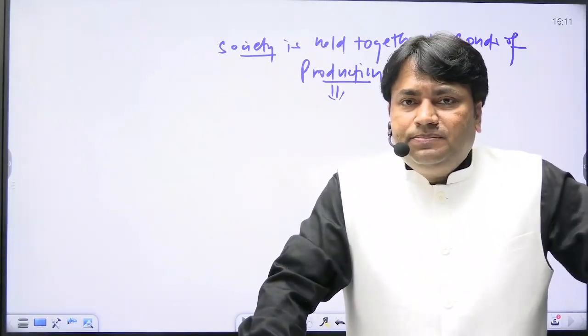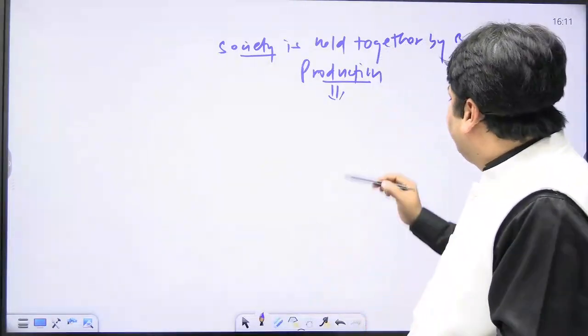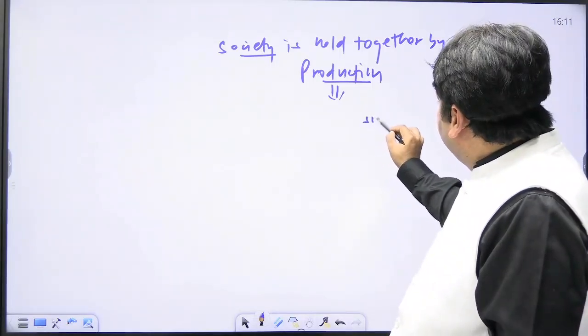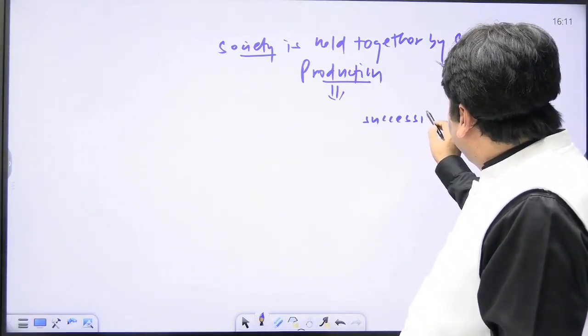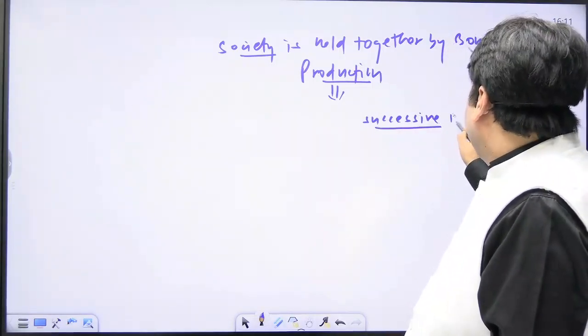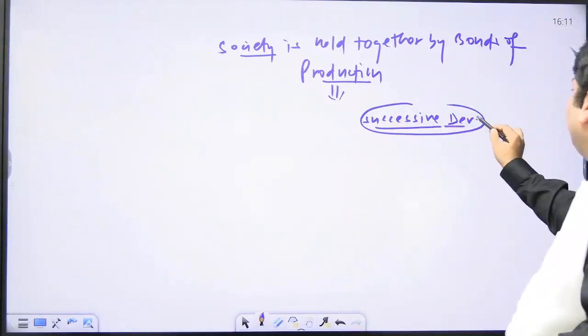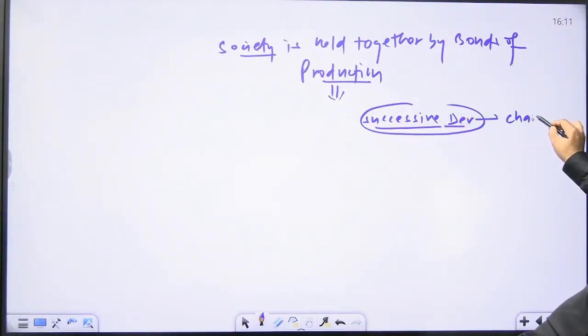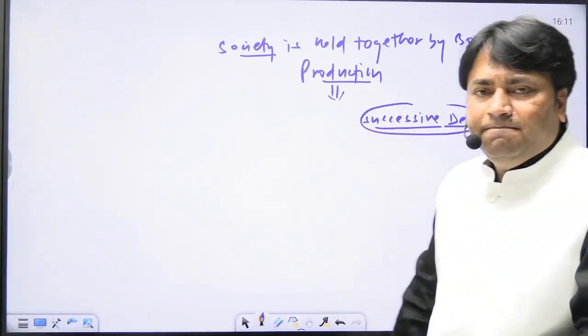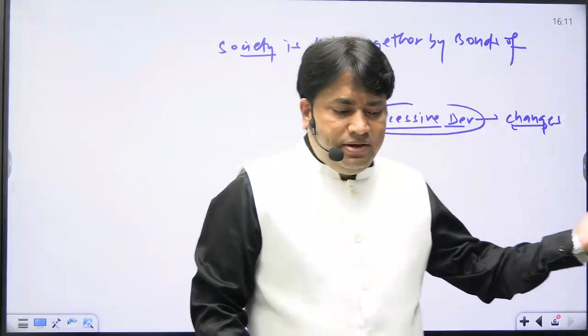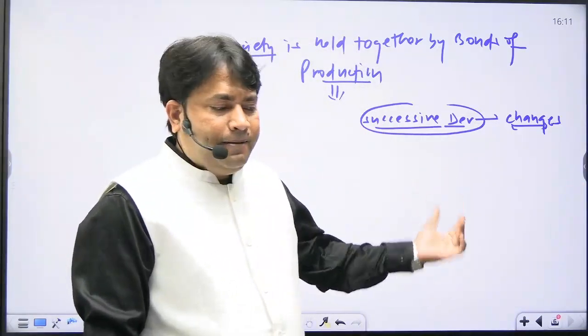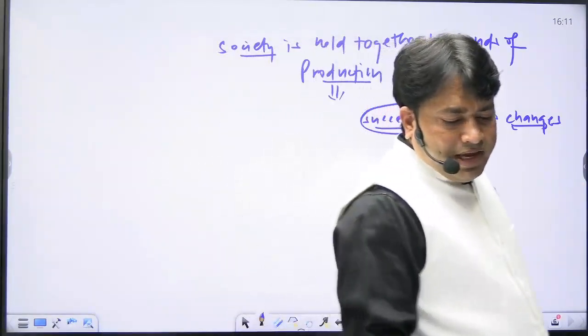It means we need to understand the successive developments, or you can say that we need to understand the changes that took place in the past. And how can we understand?